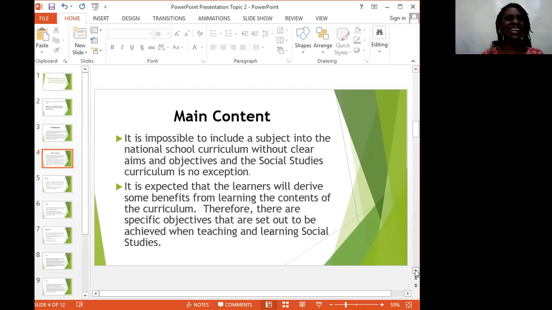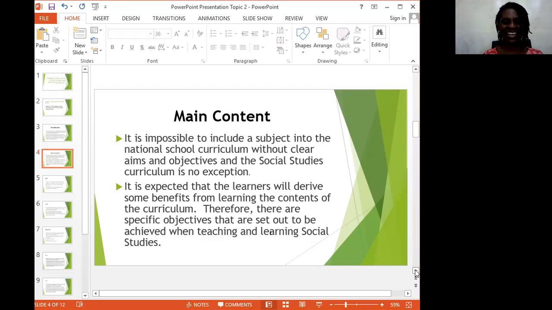So it is expected that learners will derive some benefit from learning the contents of the curriculum. Therefore, there are specific objectives that are set out to be achieved when teaching and learning social studies.